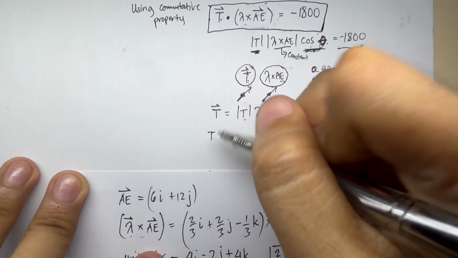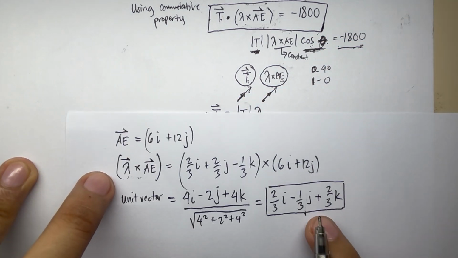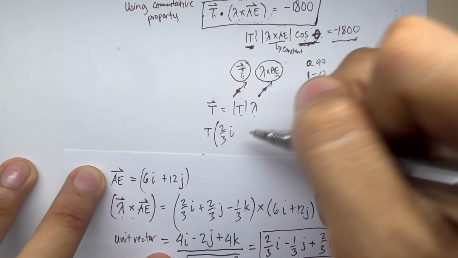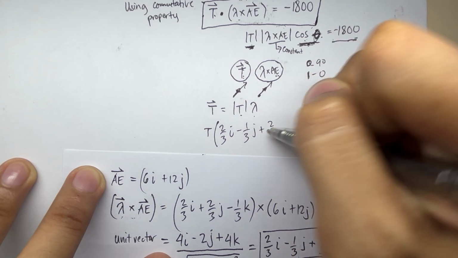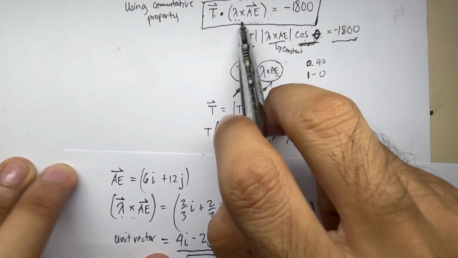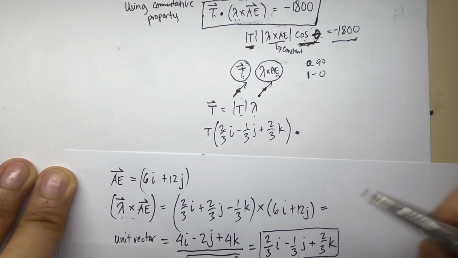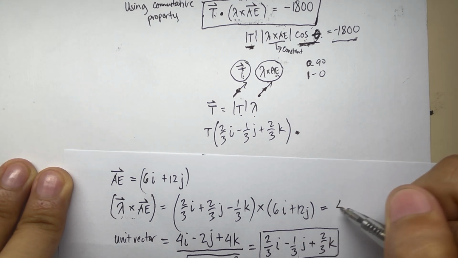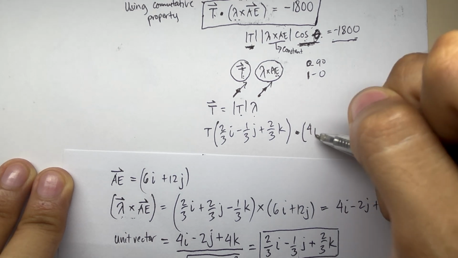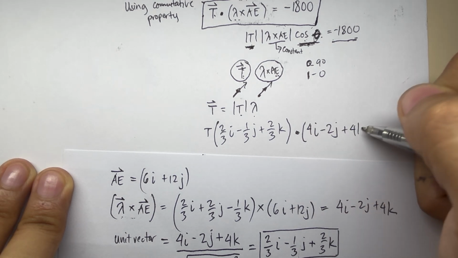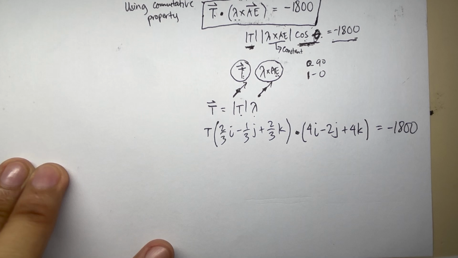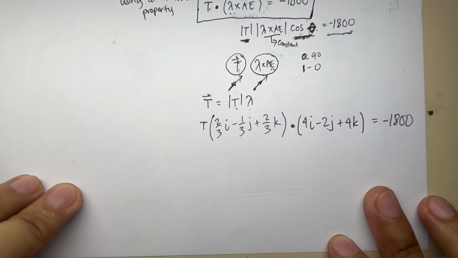So we have t times 2/3 i minus 1/3 j plus 2/3 k. That product of this vector here is equal to 4i minus 2j plus 4k, that is equal to negative 1,800.